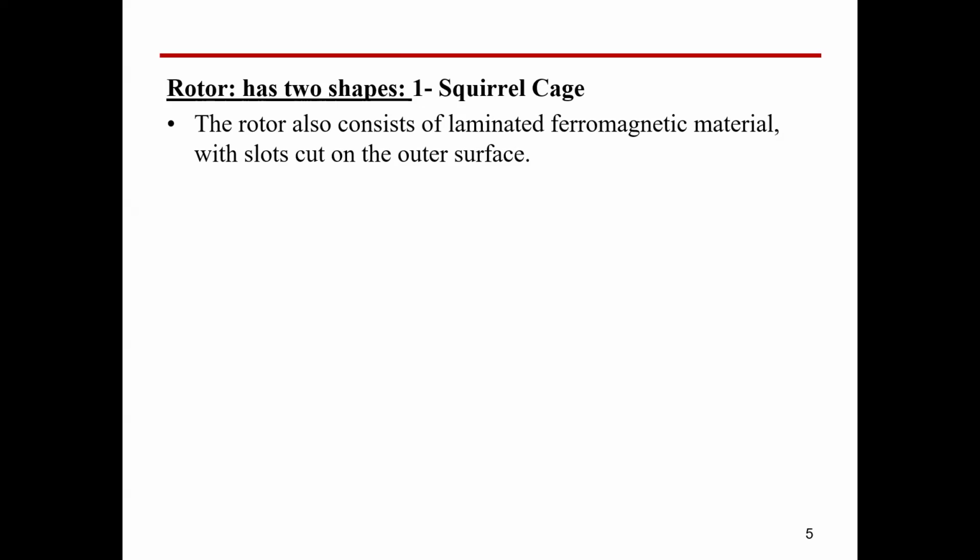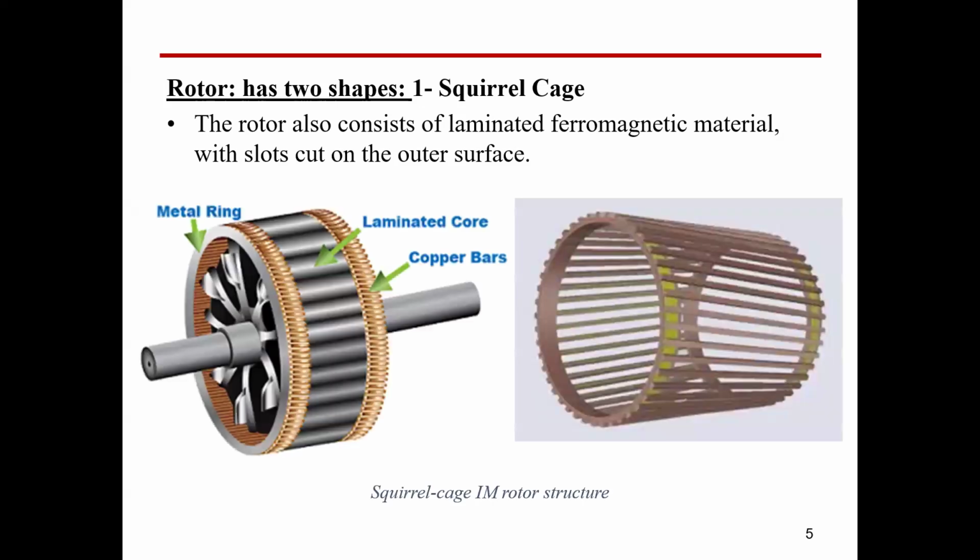For sure, these ferromagnetic materials are insulated on just one side to reduce the cost of insulation, and they have to be insulated to reduce the eddy current loss, like we discussed before in all of our motors. So this is the shape of the squirrel cage.